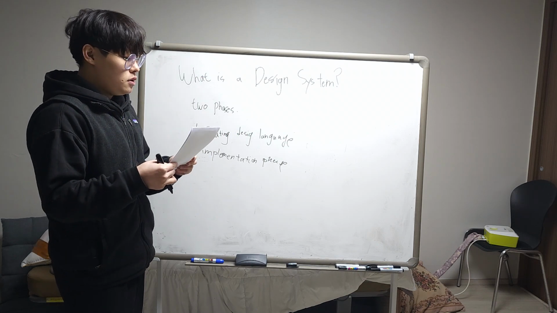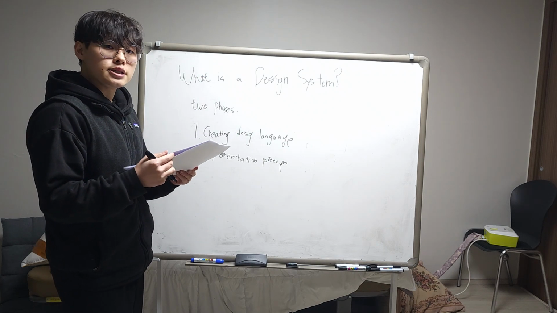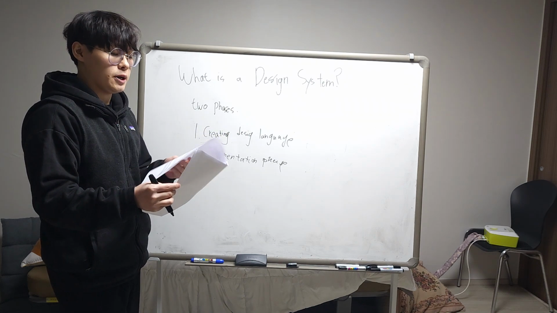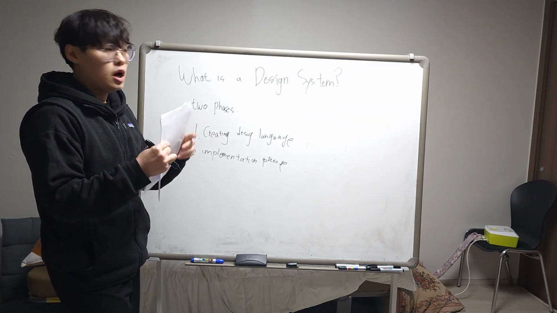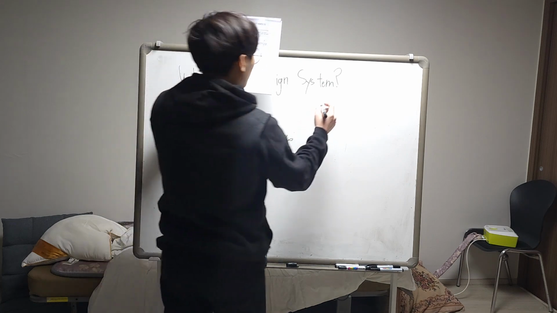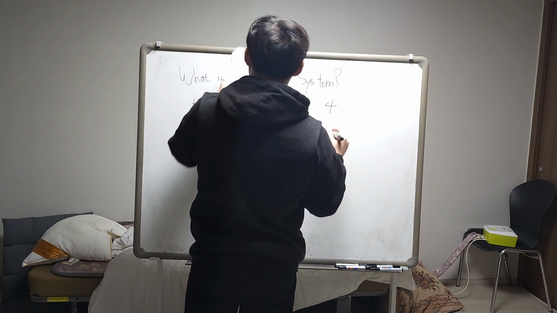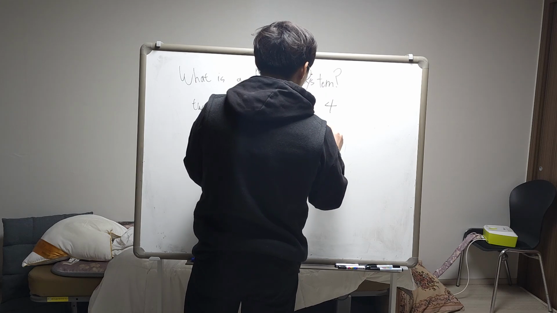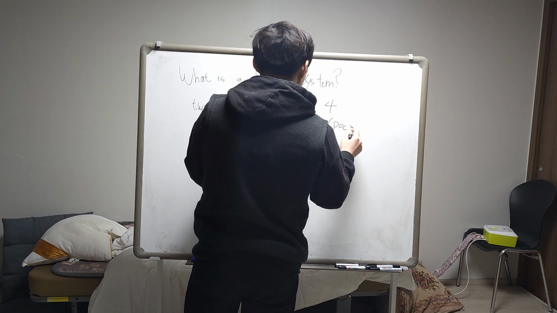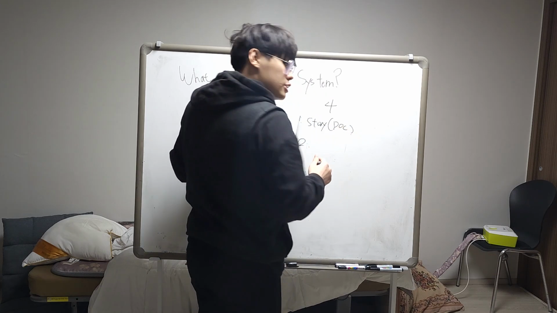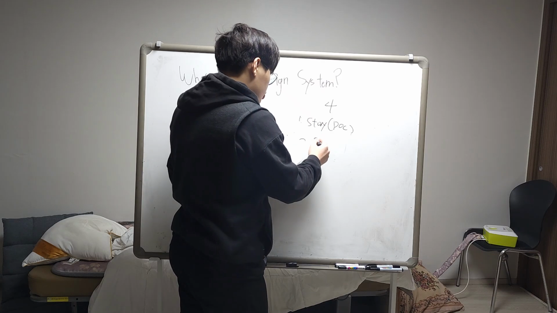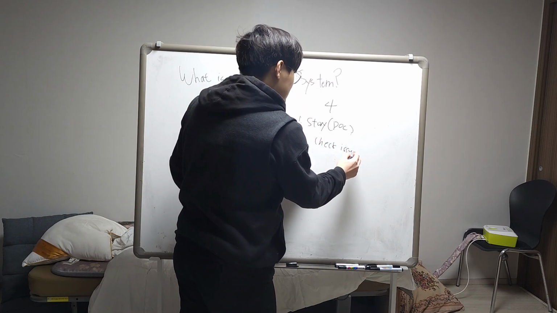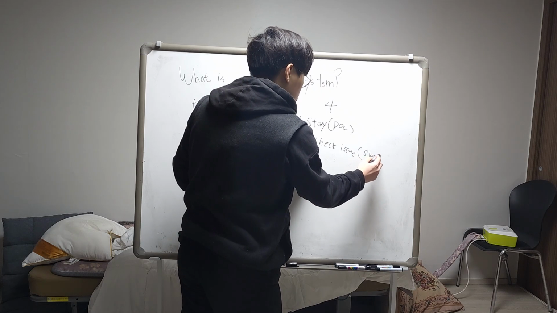And this really seems simple, but it is not. So I'm going to elaborate on the aspects of their design system. At Netflix, there are four aspects. The first is using Storybook to document the components, and second is checking any issues using Slack or those kinds of tools.